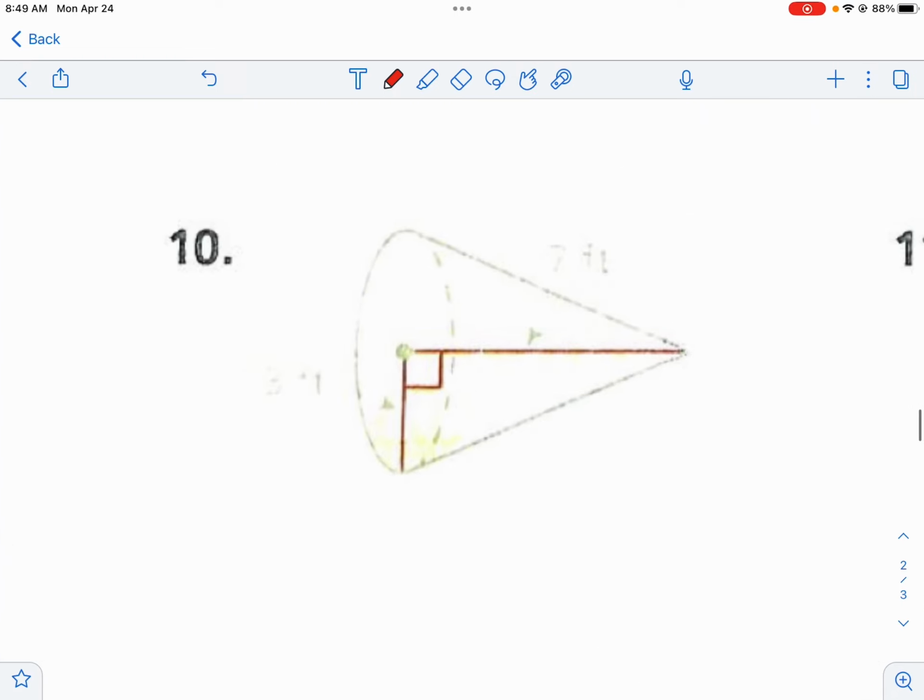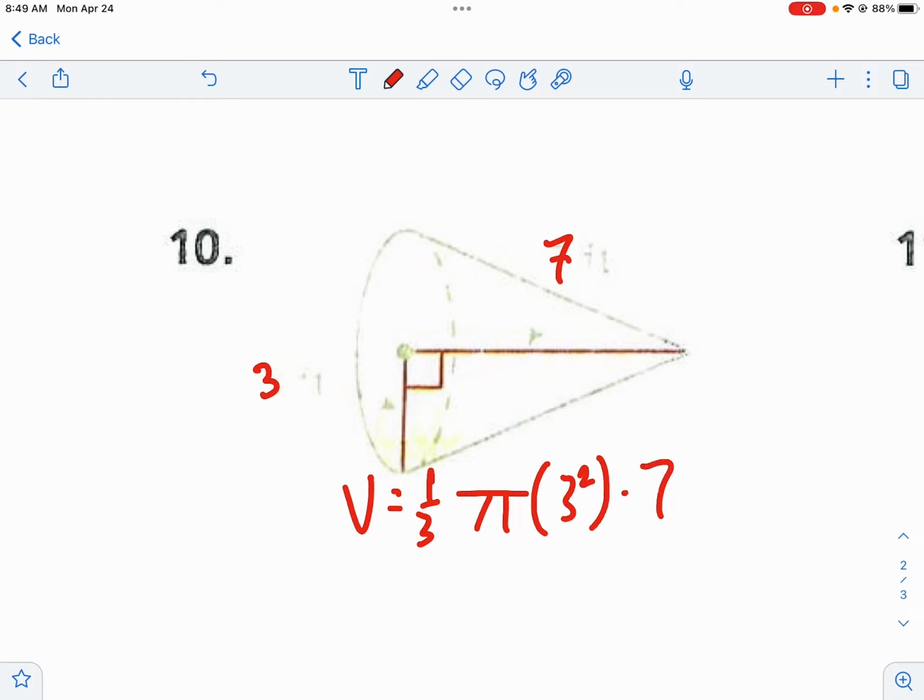And we got about 6 left here, so hang in there. 3, that's a 7. So volume is equal to 1/3 pi times the radius of 3 squared times the height of 7.